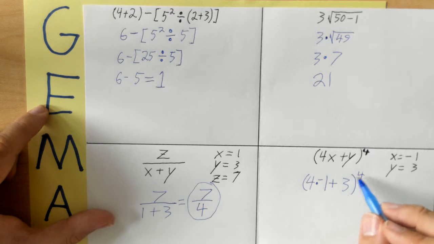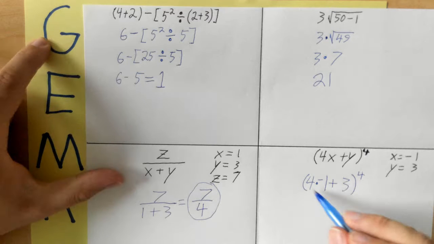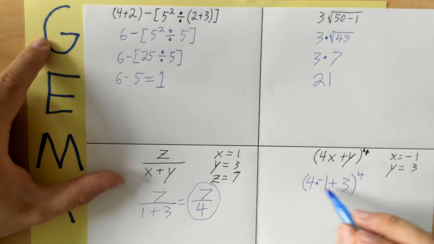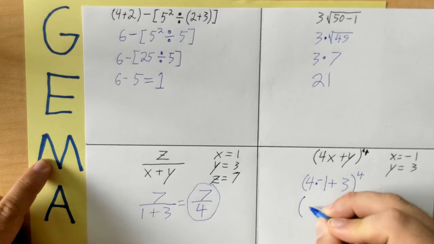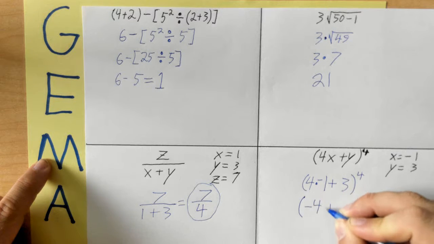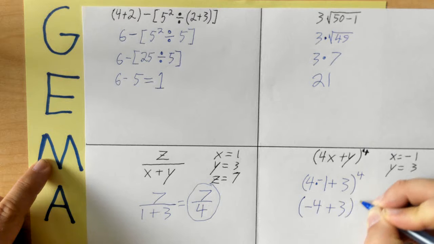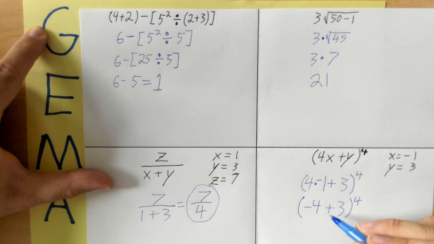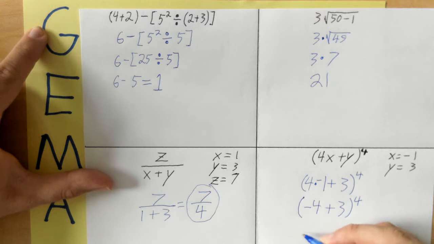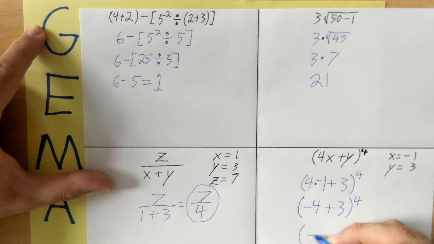So I'm not going to worry about that because we're doing grouping first. Got a couple operations in here. We're going to do the multiplication first. 4 times negative 1 is negative 4, plus 3. Again, I have that exponent, but it's outside of my grouping symbols. So I'm going to do this addition here. Negative 4 plus 3 is negative 1.